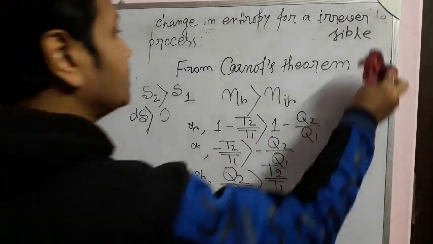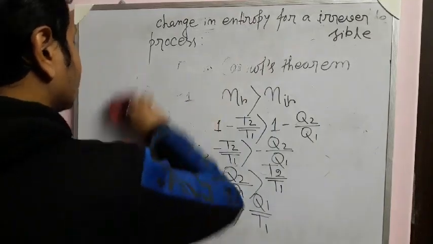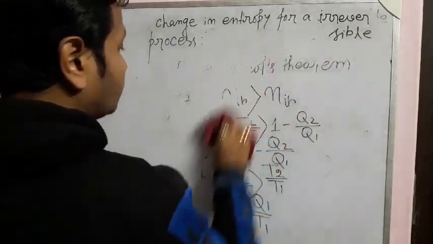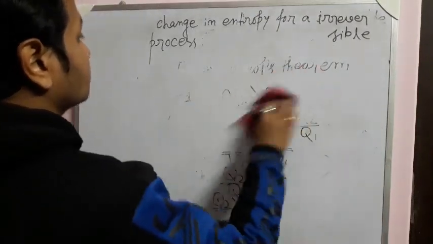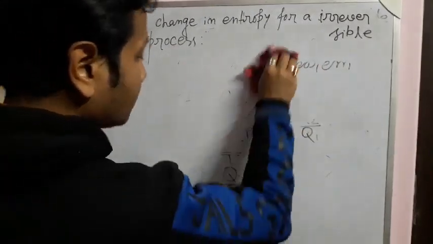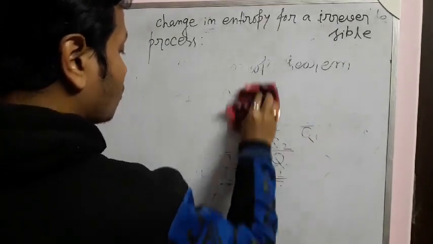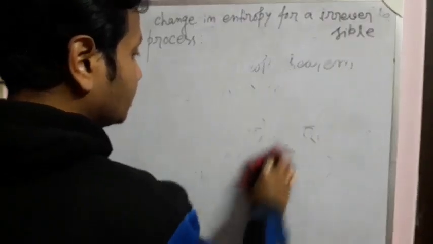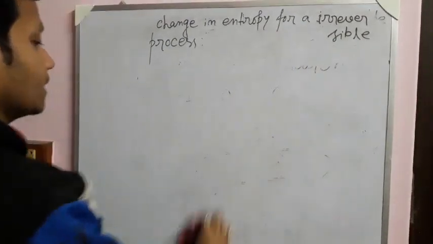So what does it indicate? That entropy in case of an irreversible process increases. As I told previously, the entropy of the universe is increasing. Since all the processes occurring in nature are irreversible, the entropy of the universe is increasing.